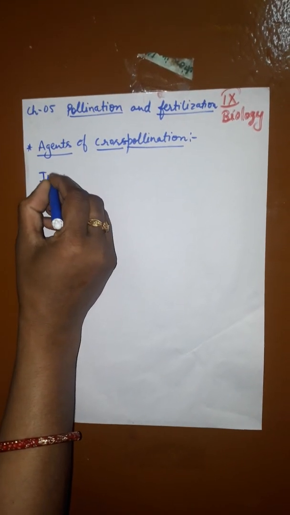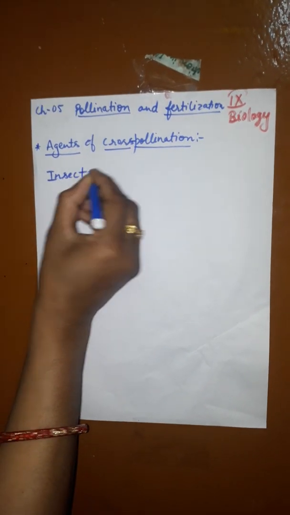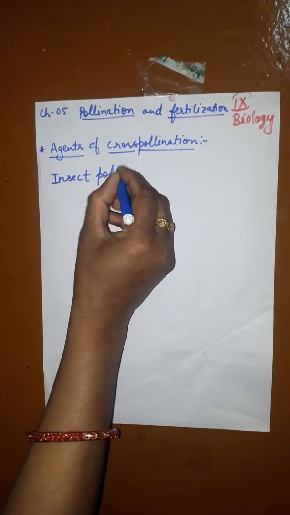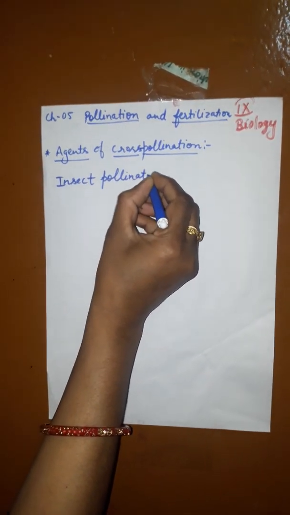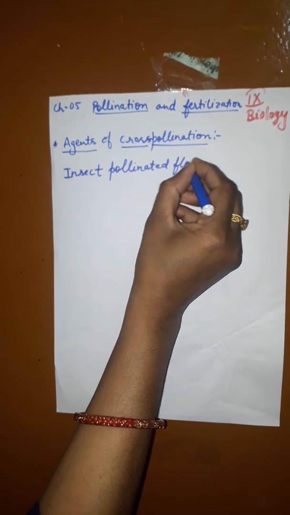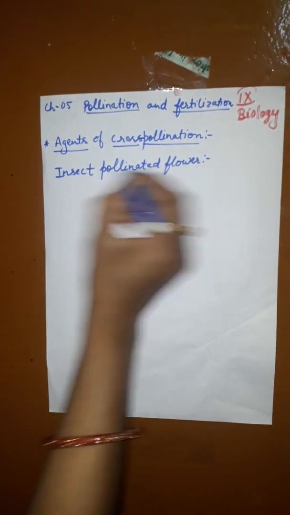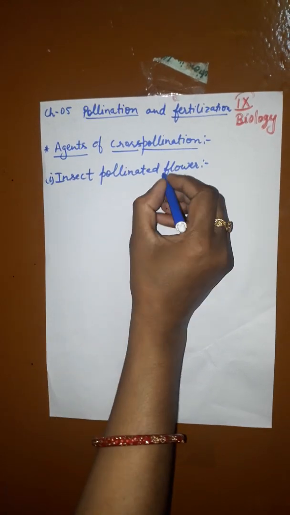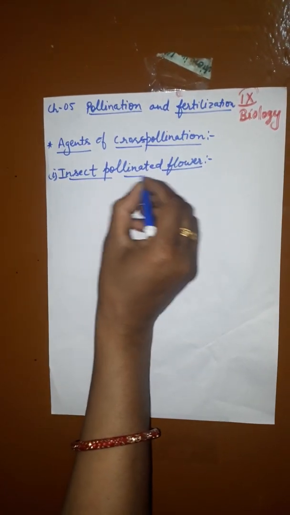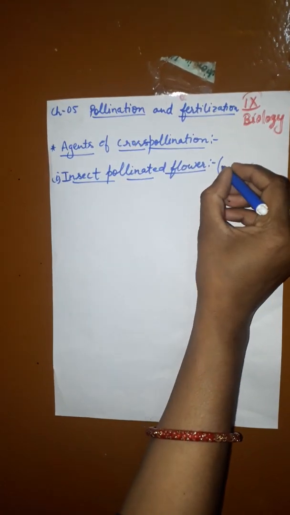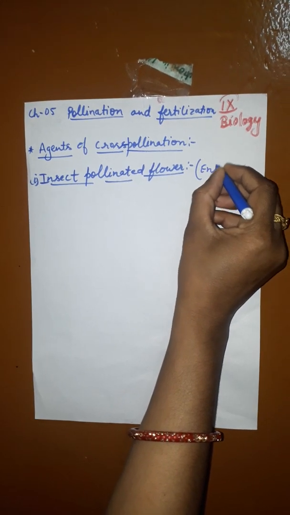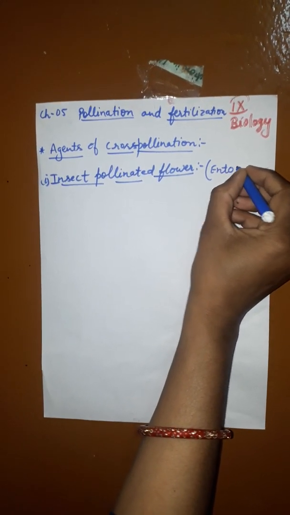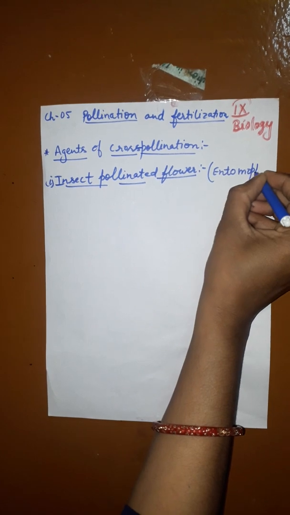First is insect pollinated flower, also called entomophilous flower.